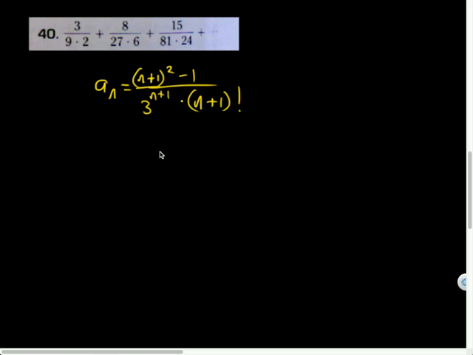Yeah. Okay. So with all of these n plus 1s, I think we'd agree having sigma start with n equals 2 would make the most sense. So n equals 2, and I'll just change all of the n plus 1s to just n. So n squared minus 1 over 3 to the n times n factorial. And this one's stopping at infinity.